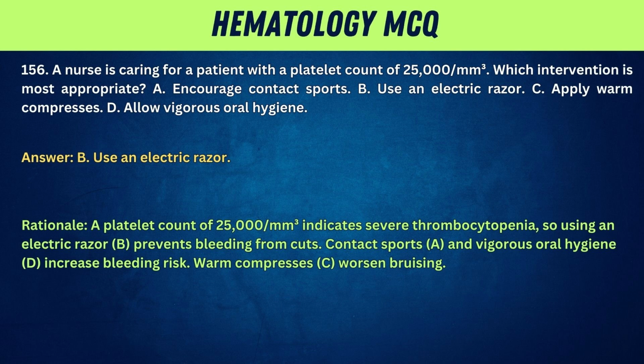Rationale: A platelet count of 25,000/mm³ indicates severe thrombocytopenia, so using an electric razor, B, prevents bleeding from cuts. Contact sports, A, and vigorous oral hygiene, D, increase bleeding risk. Warm compresses, C, worsen bruising.